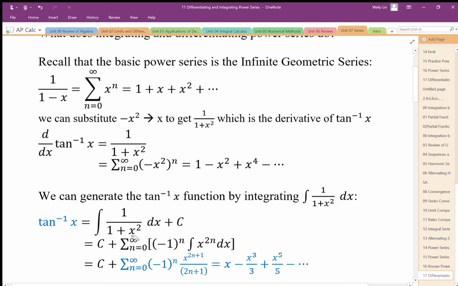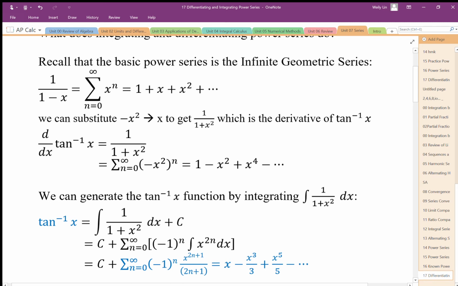And we can integrate this expression here, right? If we integrate this series, we're essentially integrating every term of that sequence, which then means that we're integrating all these pieces, and we're just integrating this general expression.